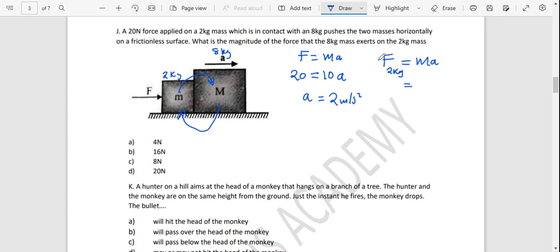On what mass are we exerting a force? We're exerting a force on the 8 kg mass. So the force is the 8 kg mass multiplied by the acceleration, which is 2. This is going to give us 16. So this is the force that the 2 kg mass is exerting on the 8 kg mass.